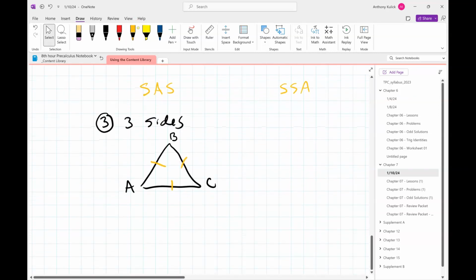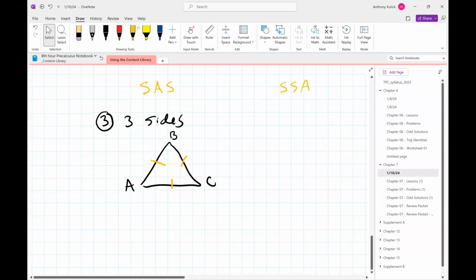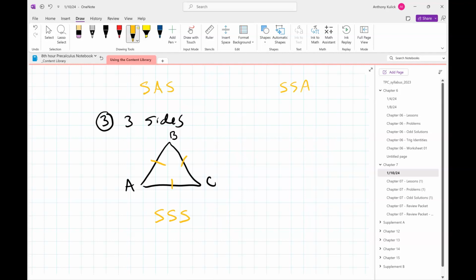What do we call this guy? Nice try. Notice that there is no angle, angle, angle possibility. Why not? Because 3 angles is not going to fix the side lengths to a specific number. Remember, like our 45, 45, 90 triangle?